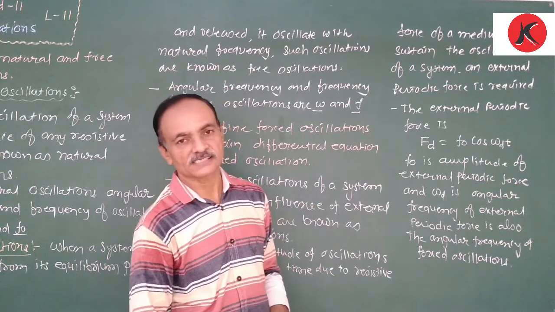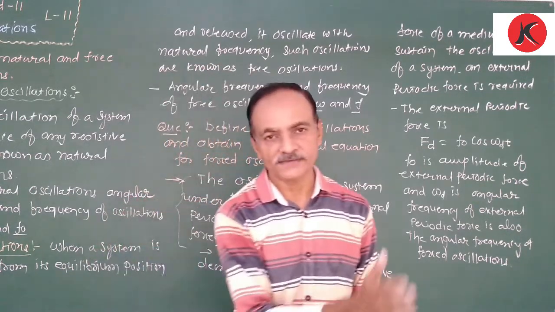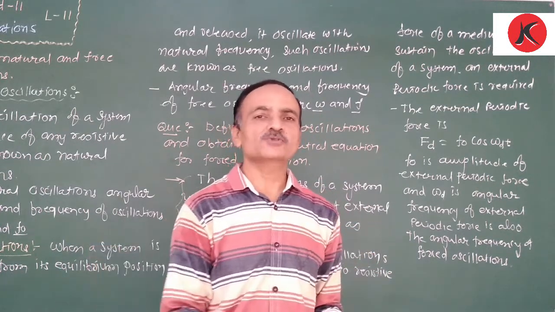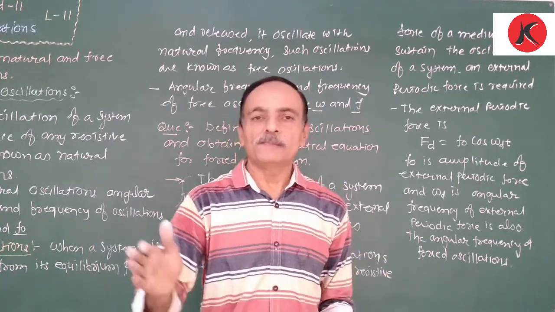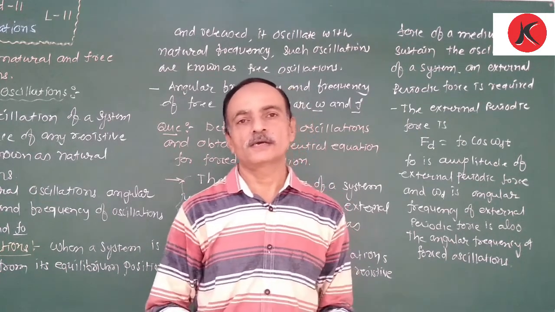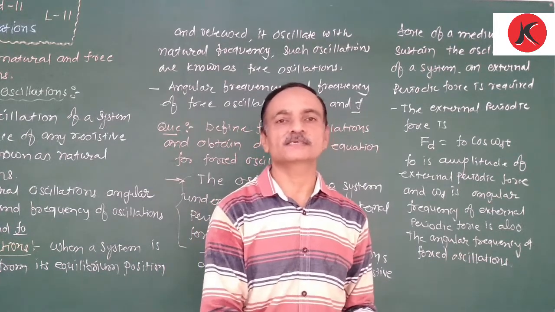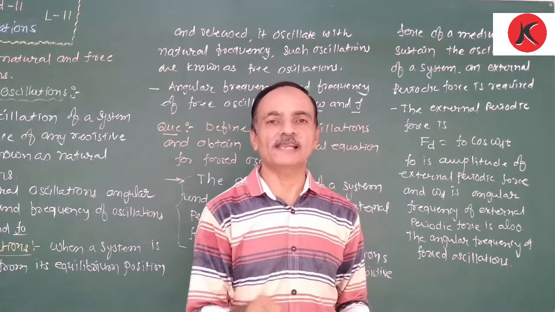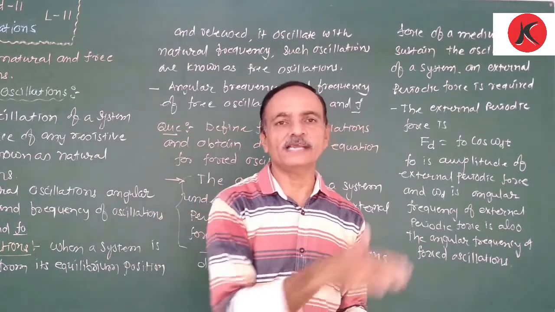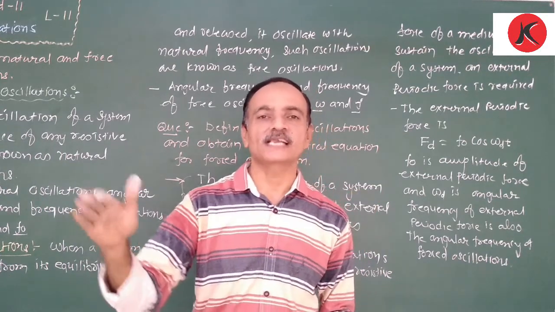We have the experience, as we discussed last time, of sitting on a swing. Initially the swing starts to oscillate, but in a short time the amplitude of oscillation decreases and it is going to stop. To sustain the oscillation, we have to apply force on the swing with our leg. So we apply the force this way, and again the swing starts to oscillate.